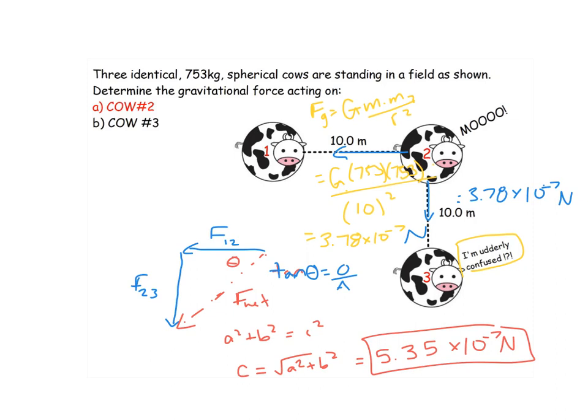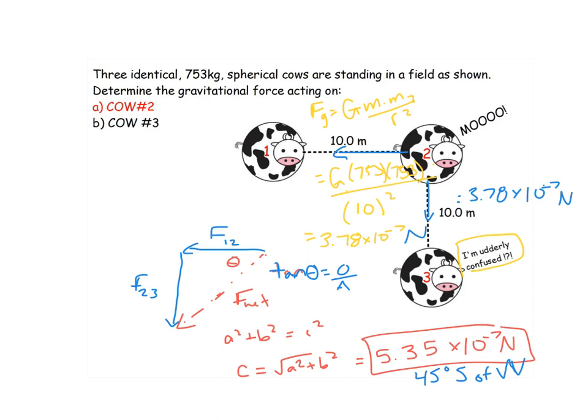So 3.78 times 10 to the negative 7 divided by 3.78 times 10 to the negative 7, and then tan to the negative 1 of that is, sure enough, 45 degrees. So this is 45 degrees south of west. We do need a direction as well.